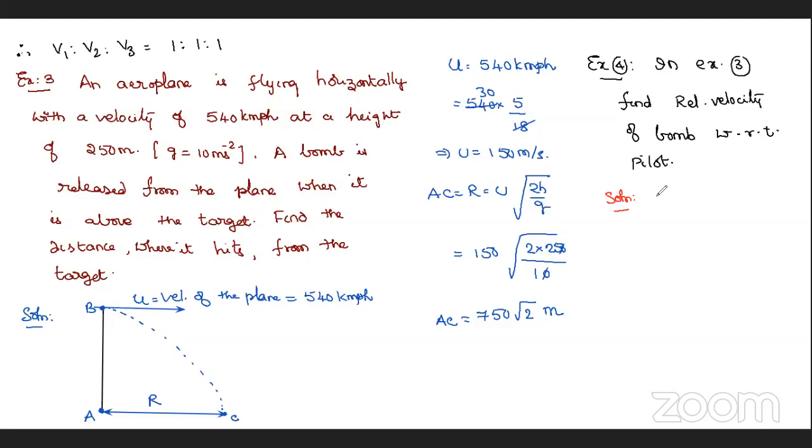So here, the relative velocity of the bomb with respect to the pilot means I have to write velocity of bomb minus velocity of pilot.